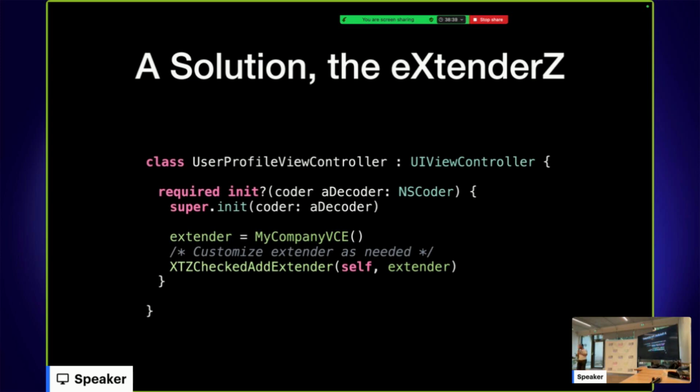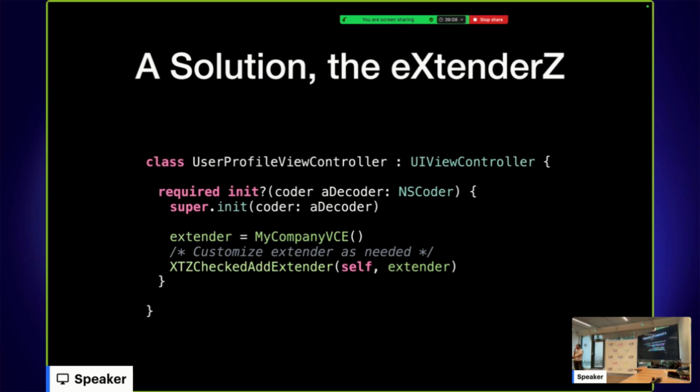Why is that useful? Because if you subclass UIViewController, you have to also subclass UINavigationController, UICollectionViewController, UITableViewController, etc. With an extender, you can deport the code that does the tweaking in a separate class, and then you just apply it on your view controllers.